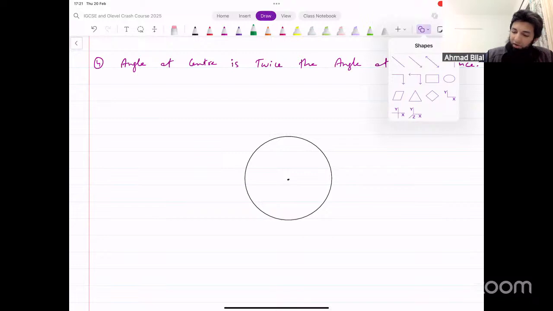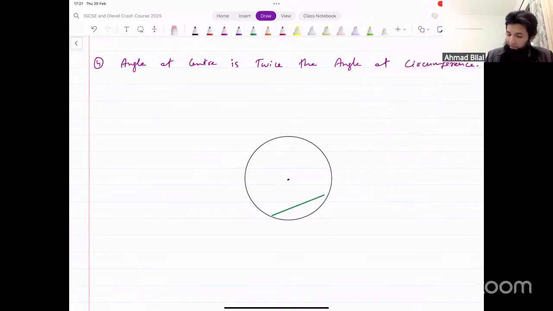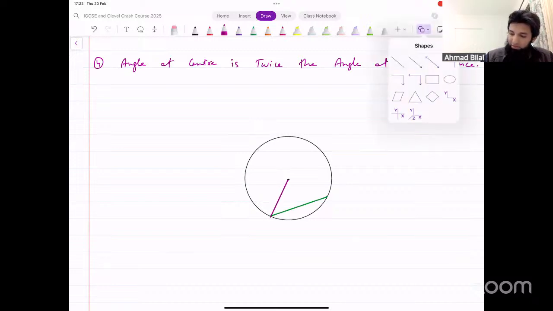Let's say you have a chord that looks like this. And the end points of the chord, they are making an angle at the center. Let's say that's happening like this.